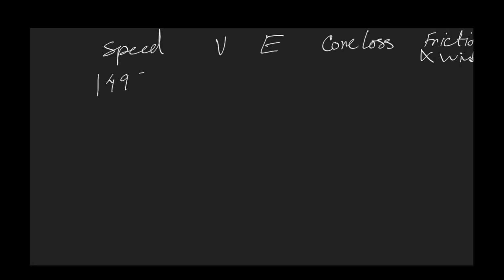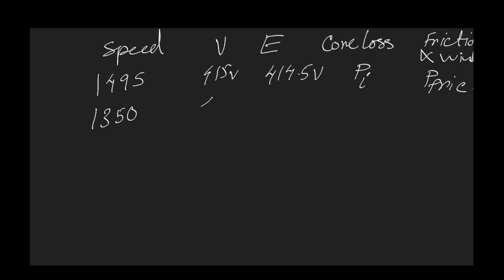So at 1495, say V is 415 volt, and say E is 414.5 volt. I am taking arbitrary data. Core loss, say some value Pi, and friction loss, say P fric. Now I am considering another situation, 1350. V remains the same, 415. Now say E has become 410.